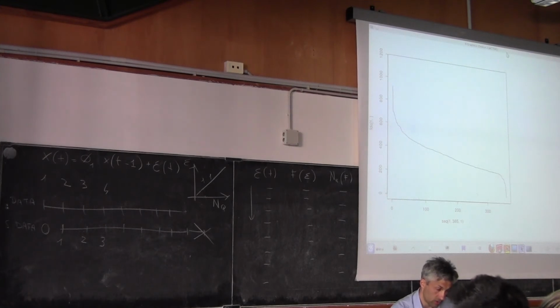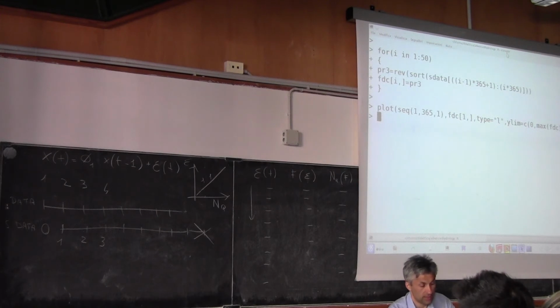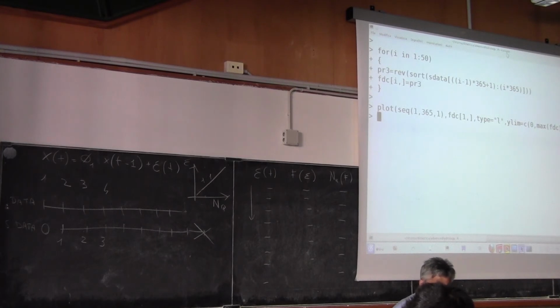Look at how I drew this plot. I put a limit for the y-axis, for the ordinates, between 0 and the maximum of the matrix, in order to make sure that when I have the other curves, they are not going outside the range covered by the ordinates.